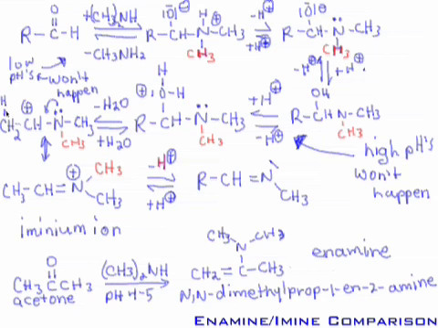The H plus comes off here, and these would form a double bond. And you'd get a CH2 double bond. This would stay a single bond, and you'd have your CH3 here. You'd get your enamine. In other words, you do an elimination to make a double bond.